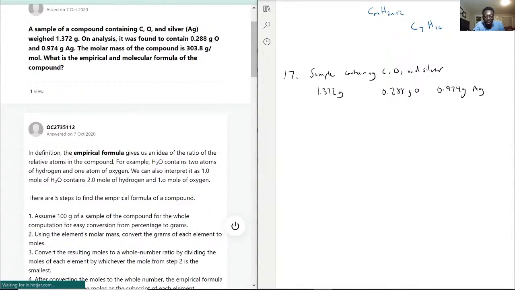The molar mass of the compound is 303.8 grams per mole. Okay, what is the empirical and molecular formula for the compound?